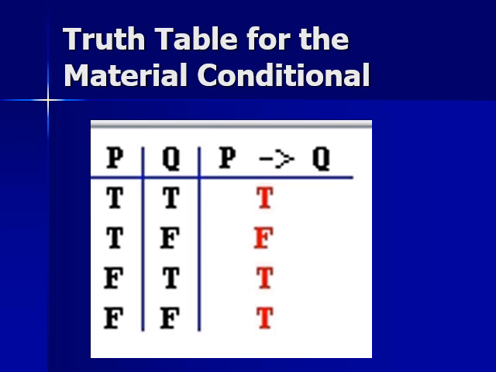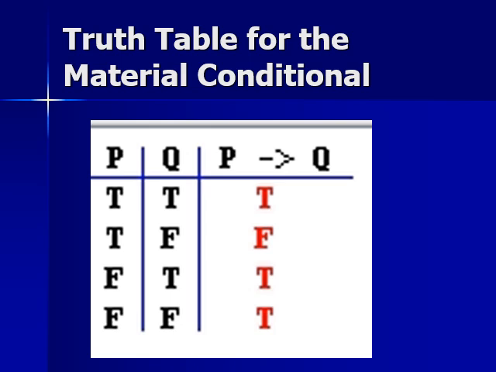If you're not completely clear on this, it might be useful to go back and look at that and think about that again. We've got all three of these important properties for a conditional embedded in the truth table for the material conditional. The only thing that might be a little bit odd is that when P is false and Q is true, we say that the material conditional is true.